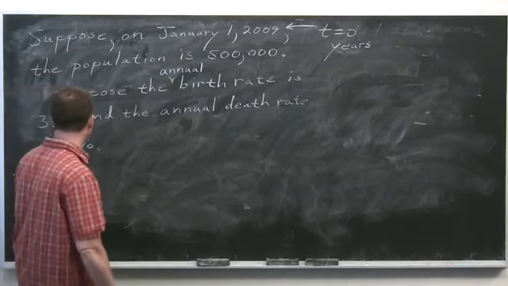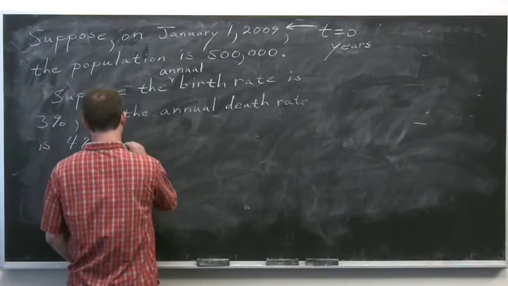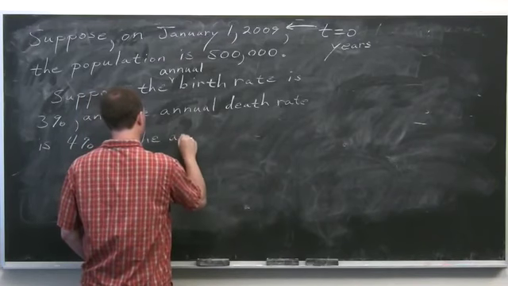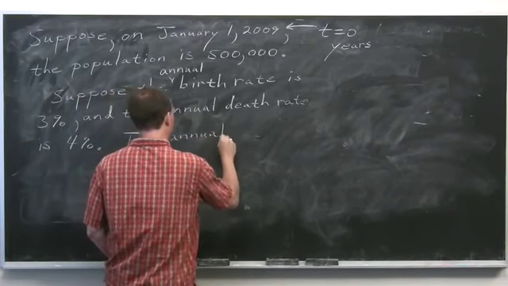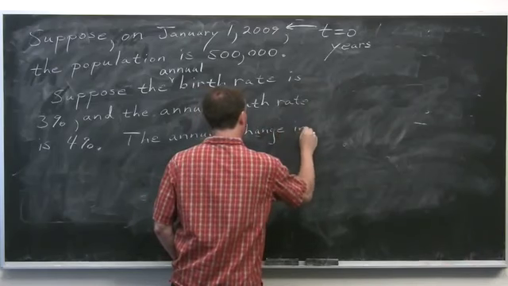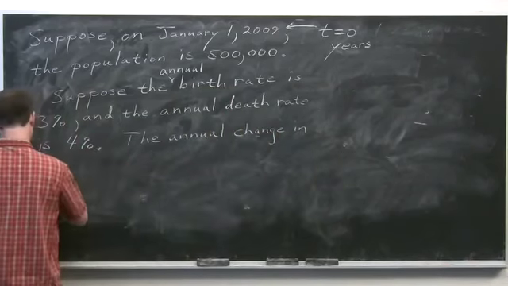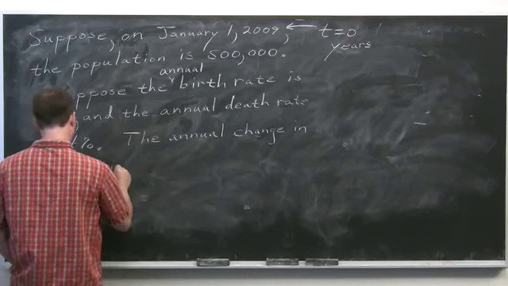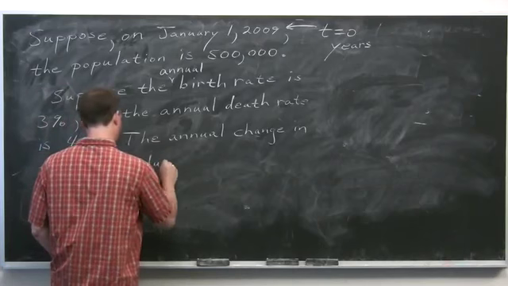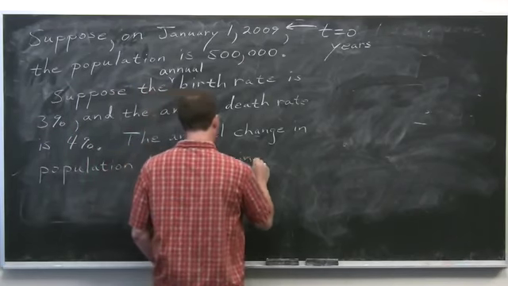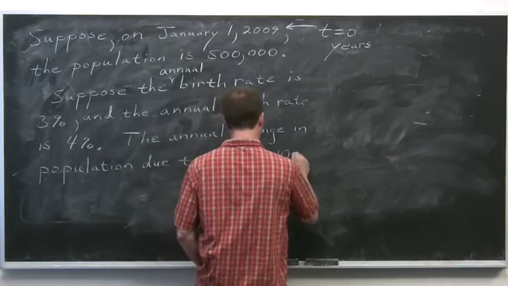And then let's say the net annual change in population due to moving is 1,000. So they gain 1,000 people per year from people moving in.